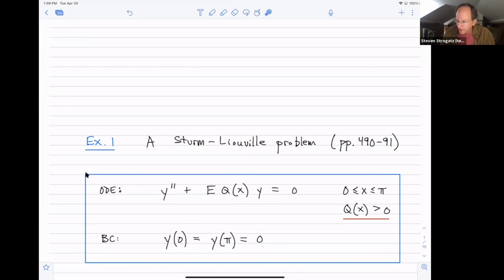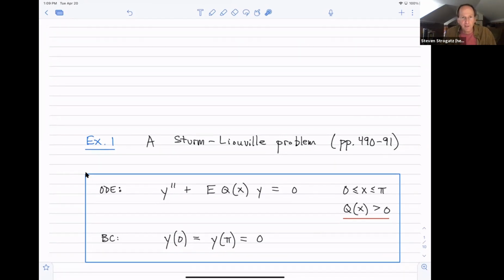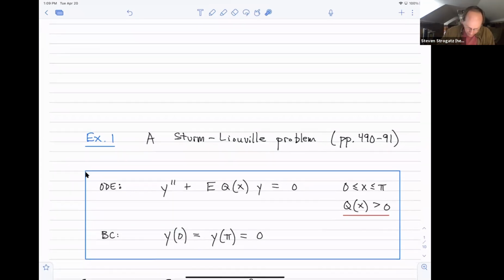Now, for a typical e, this will not be possible. I mean, if you just pick your favorite real number e, you won't be able to satisfy the differential equation and the two boundary conditions for reasons I'll explain in a minute. It's only for certain e's that this problem will have a solution, and those e's are the so-called eigenvalues.